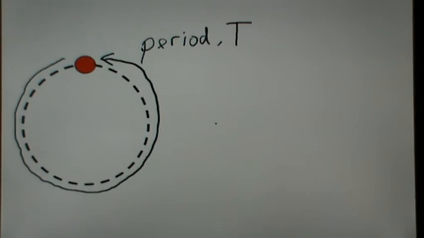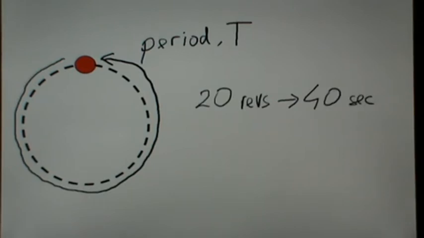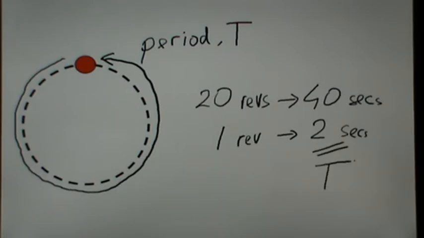For example, if the object moves in a circular path completing 20 revolutions, let's say in 40 seconds, therefore the time for one revolution will be 2 seconds, and this is the period of this motion.